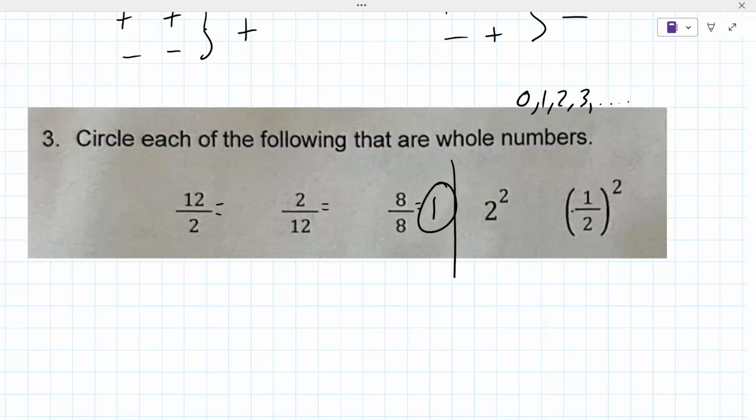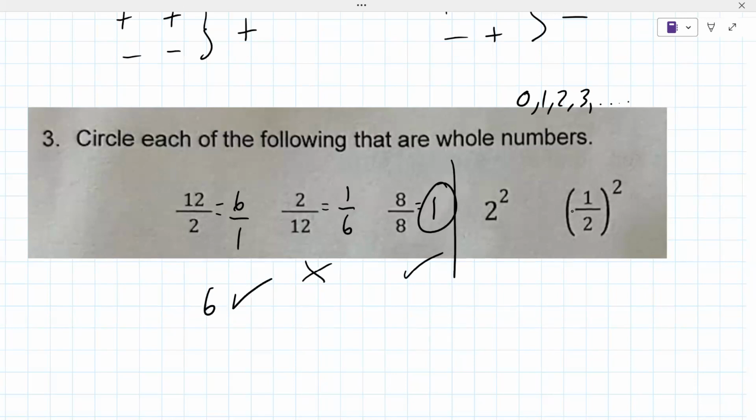I'm just letting you know what the whole numbers are. 1/6, for which one? 2 over 12. Is that a whole number? No. And then 6 over 1. That is a whole number. That's 6. Yep.